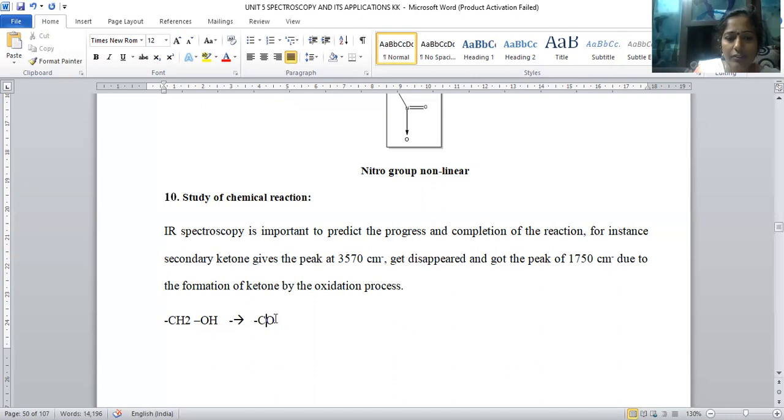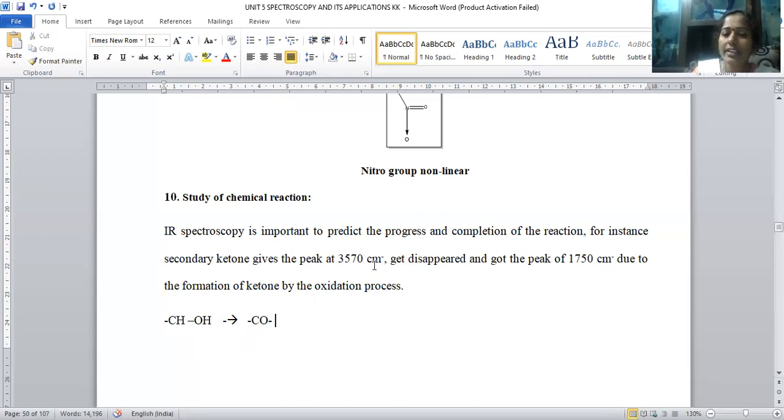So we have to take a secondary hydroxy group here, so that initially 3570 centimeter inverse corresponds to the hydroxy functional group. After the oxidation process, it is converted into a ketonic functional group, right?